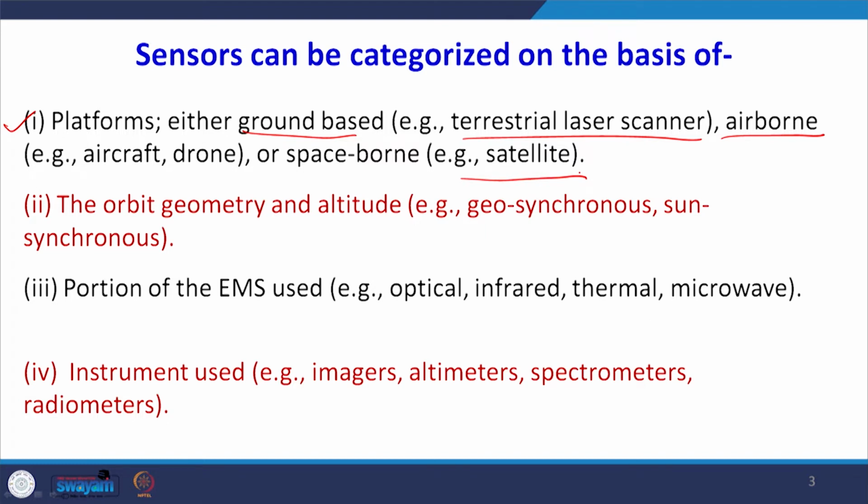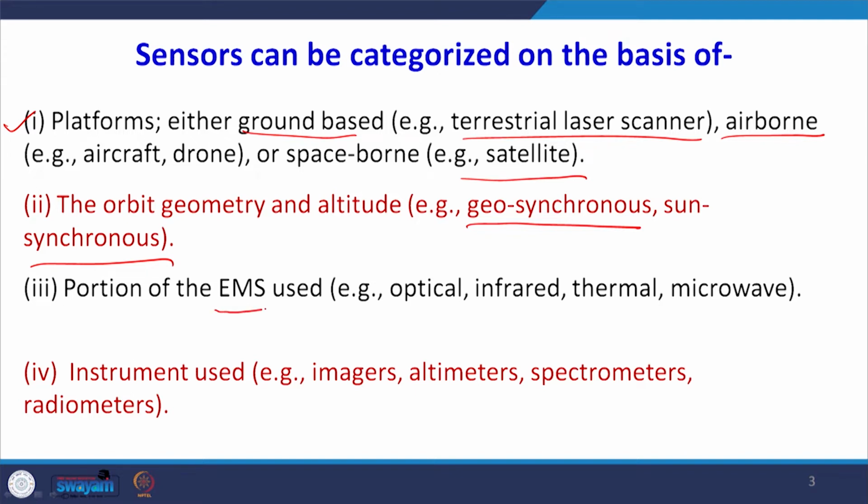So, depending upon the platform, these sensors are there, depending upon the geometry and altitude. Geosynchronous and sun synchronous satellites are there, operating from different altitudes, providing us the data at different resolution and different coverage.